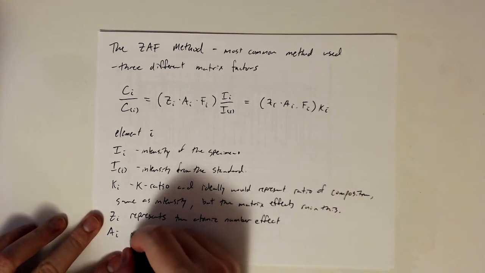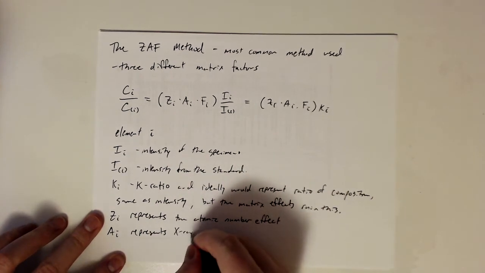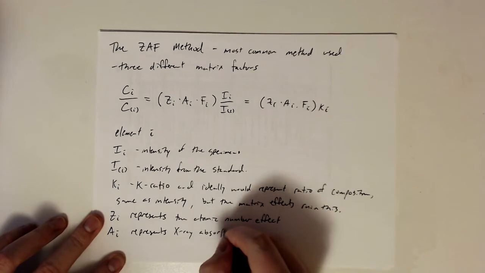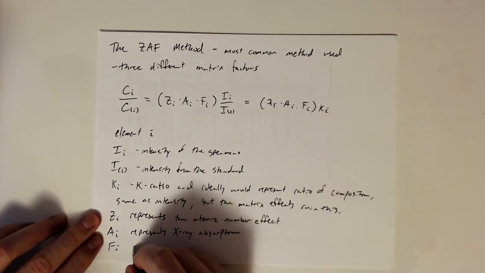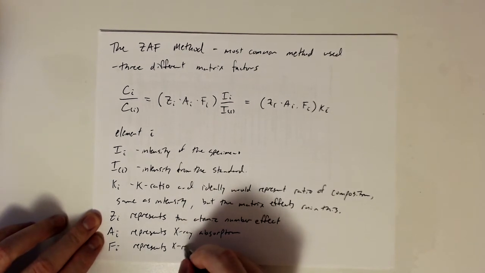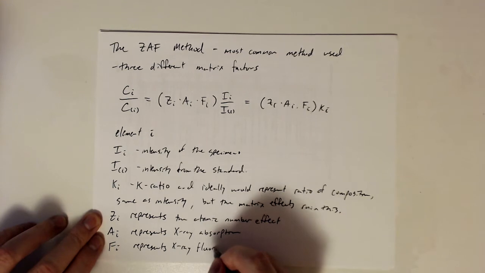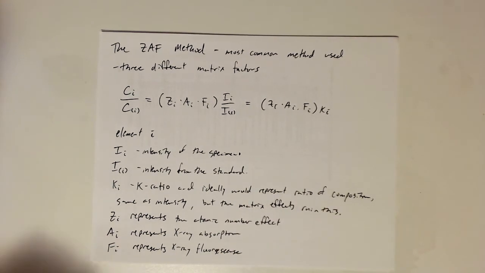A represents X-ray absorption, and F represents X-ray fluorescence. We're going to go through these each in a bit more detail.